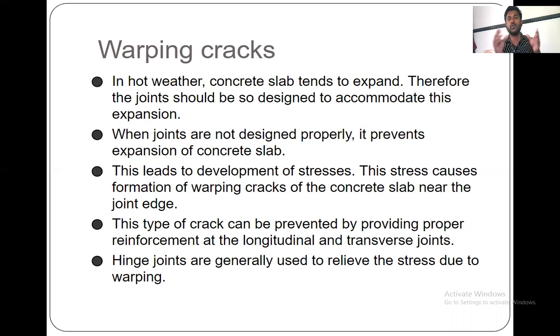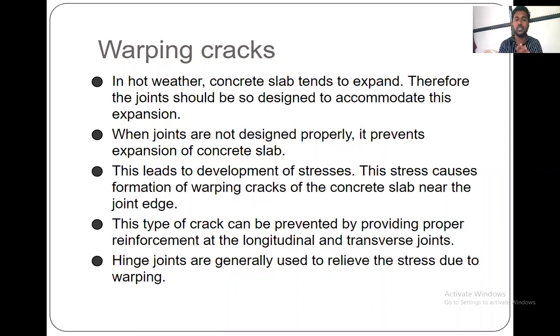The pavement will try to elongate more, and if proper space is not available for the elongation, it will prevent the expansion. If it prevents the expansion, stress will form there. It leads to stresses at those joints. Such stresses cause the formation of warping cracks in the concrete slab near the joints.